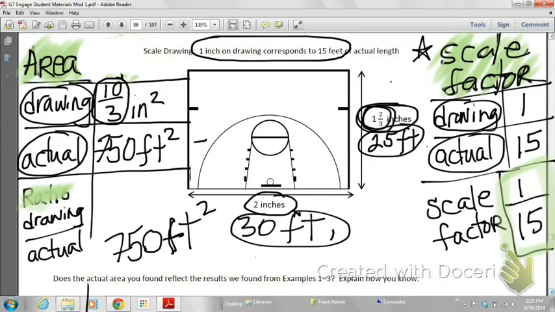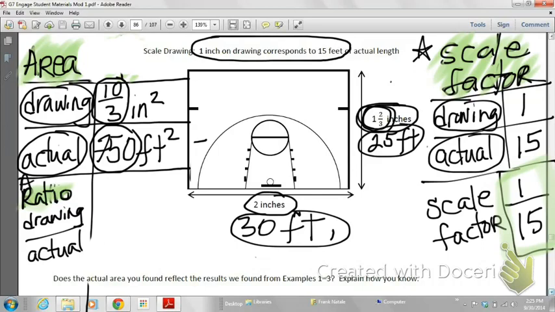I'm interested mainly in this number, 750. So the next step is to find the area ratio, which is more correctly called the area ratio. That compares the drawing area to the actual area. So that would look like this: 10 over 3 over 750.